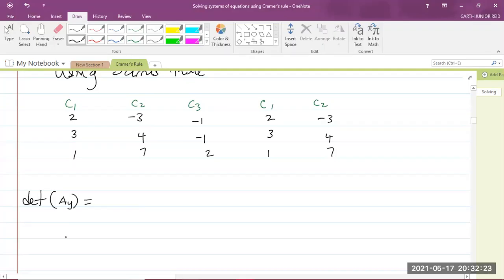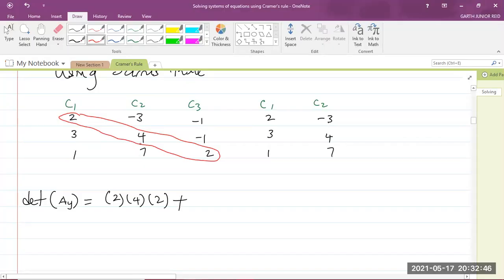Okay, so I now want the determinant of the matrix AY. So this is going to be equal to what? We're going to find the product of the diagonals. The first diagonal is 2, 4, 2, and we multiply those elements together. So that's 2 times 4 times 2, plus the other diagonal, which is -3, -1, and +1.